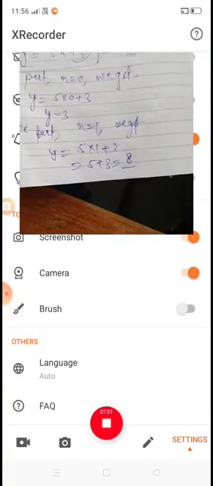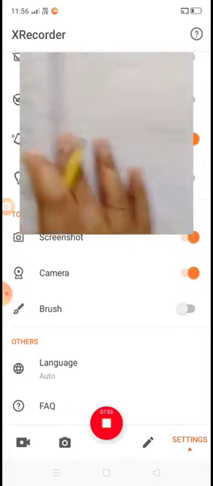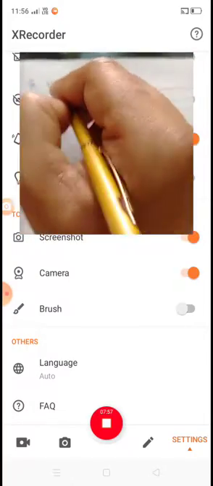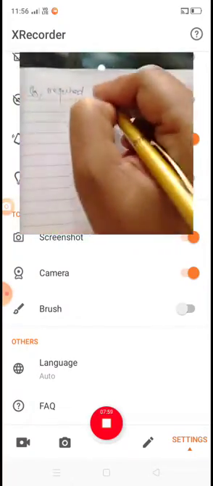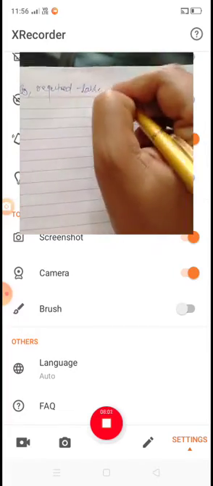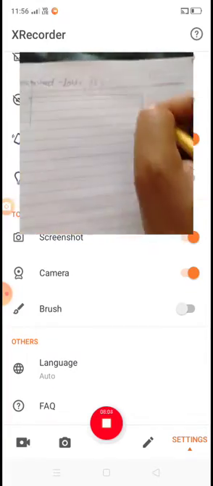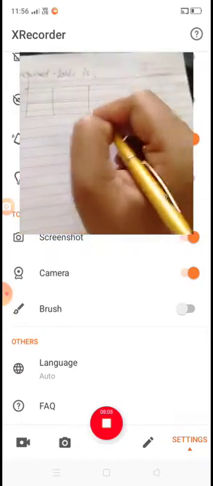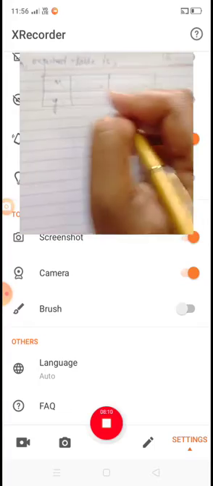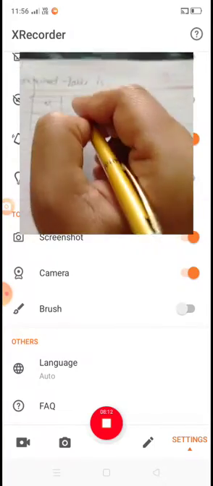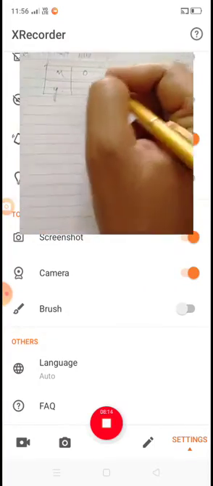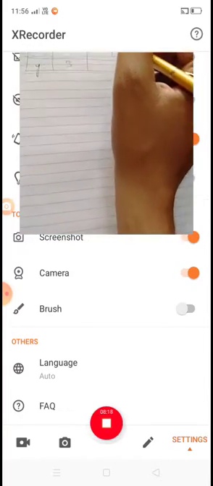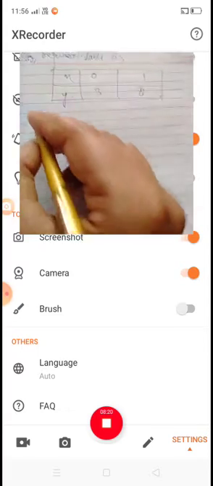So the required table: when x is equal to 0, the corresponding value of y is 3. When x is equal to 1, the corresponding value of y is 8.